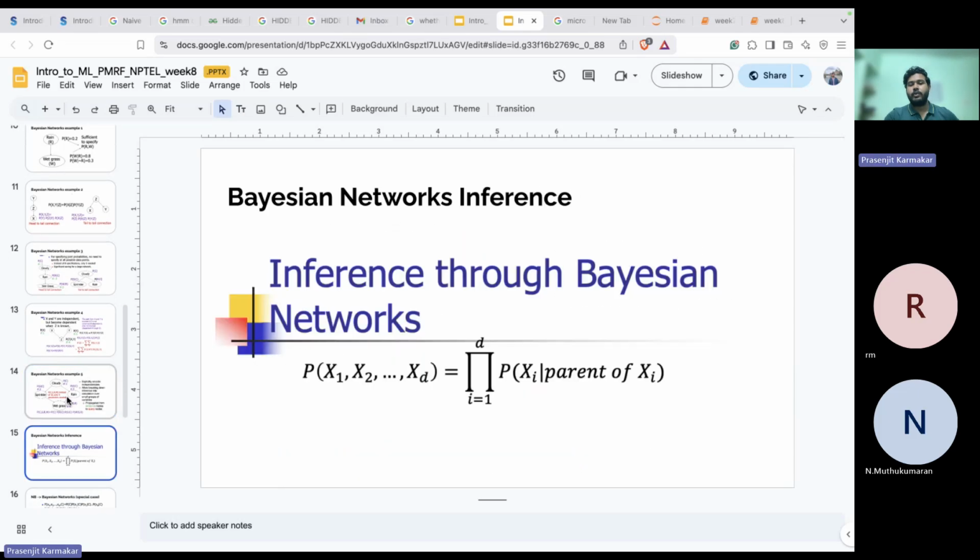So the formula for computing any probability from a Bayesian network is that particular event given all of its parent events, and you just multiply them across the entire network. A particular joint event in a Bayesian network can be decomposed as the multiplication of that event given all of its parent events, and it will be recursion until you reach the independent events. Independent events are those which have no parent, so the recursion would stop there.